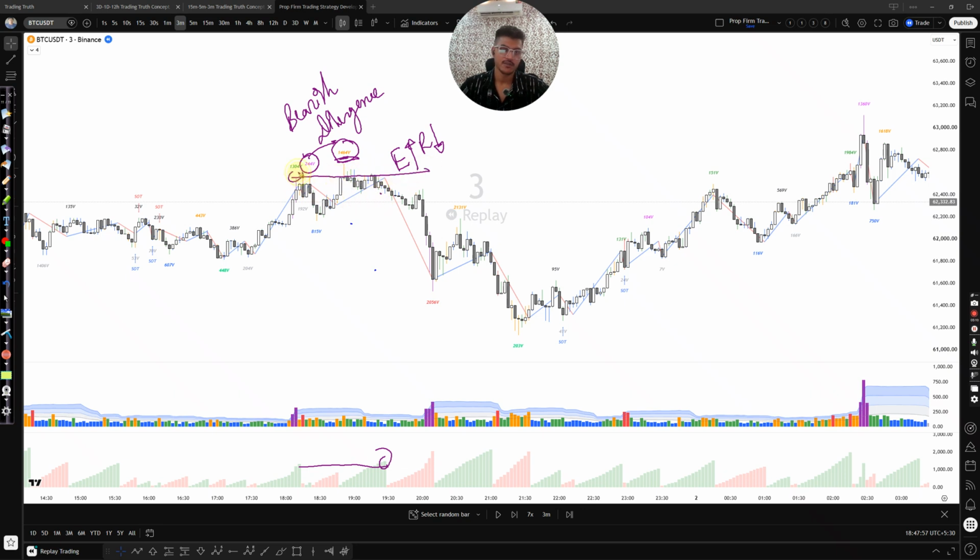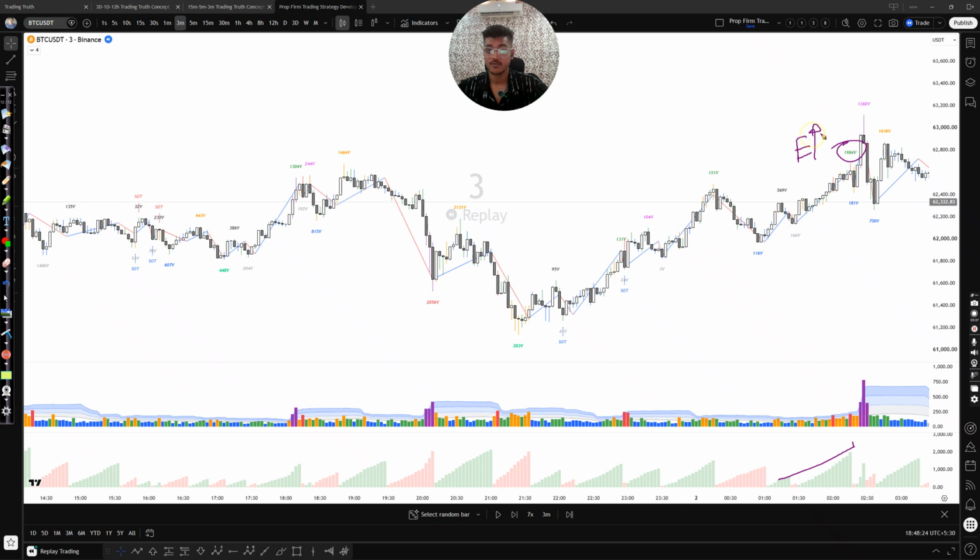Instead, it just closes below this swing high. As I said, bearish divergence, with less volume it's making a new high. That's your bearish divergence, and the sequence of this actually gives you a reversal pattern. The same logic applies there as well. When the volume increases, that's your more effort, more result.